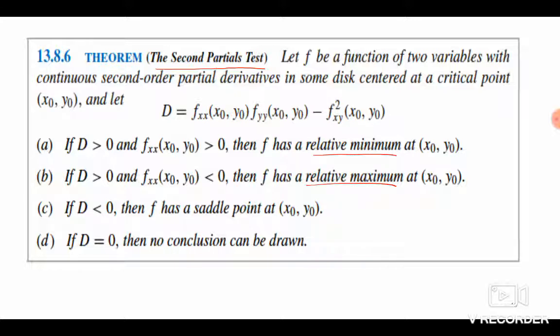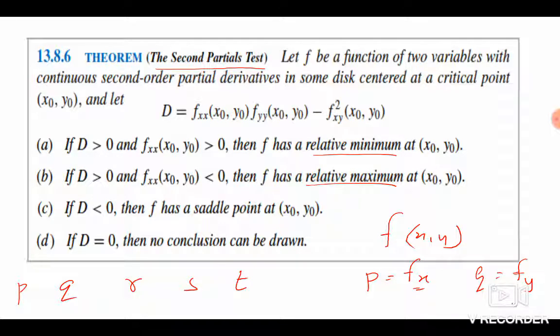And the important thing, we know there is a function f of x comma y. You should remember that p, q, r, s, t are the fundamental notation for the derivatives. What do you mean by p? p is the first partial derivative of f with respect to x. q is the first partial derivative of f with respect to y.